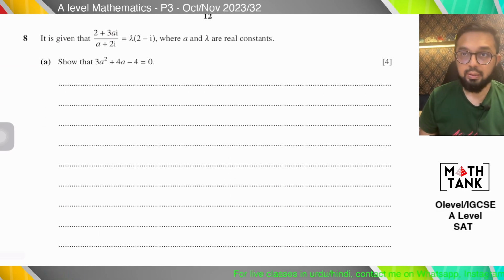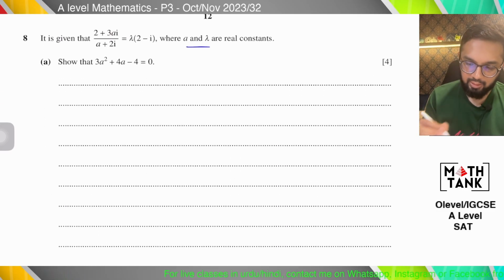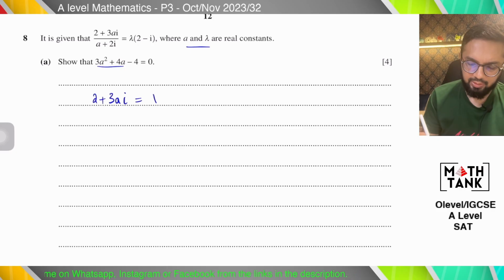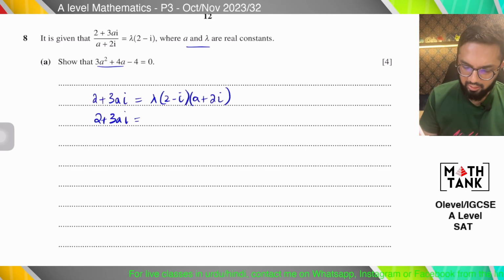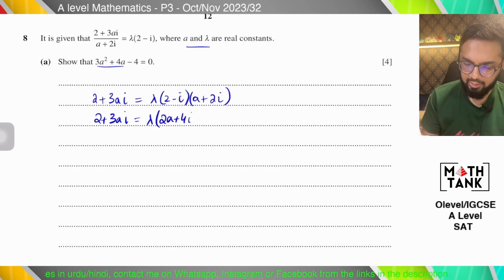Question number 8. It is given that this, where a and b are real constants, show that 3a squared plus 4a. There are two things I could do. I could cross multiply, which seems like the easier thing to do, or I could rationalize, but I think cross multiplying is easier. Then I'm going to compare real to real and imaginary to imaginary. So I get lambda times (2a plus 4i minus ai minus 2i squared).